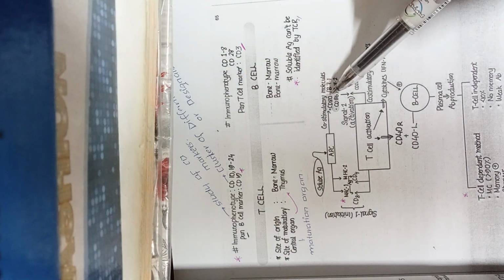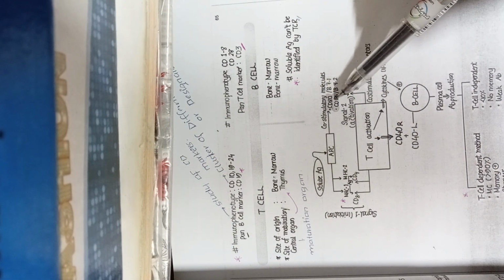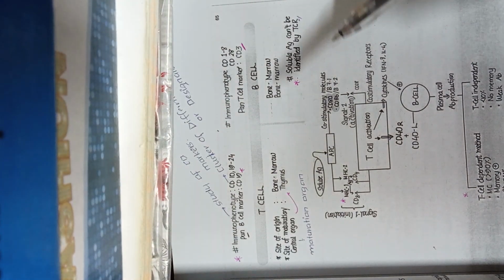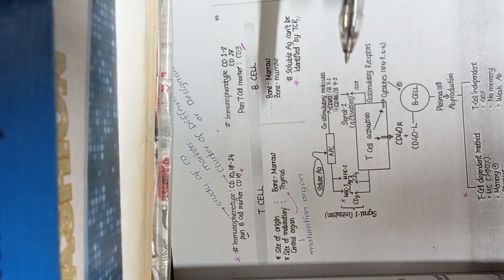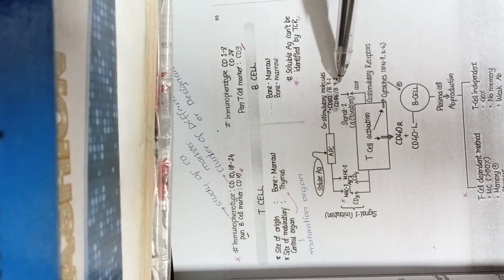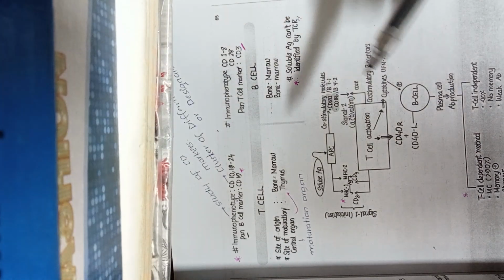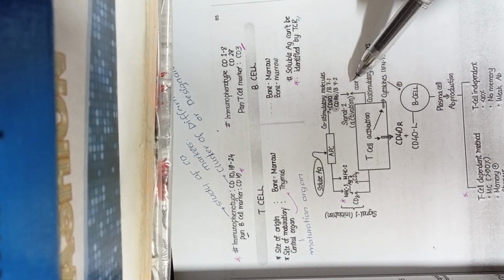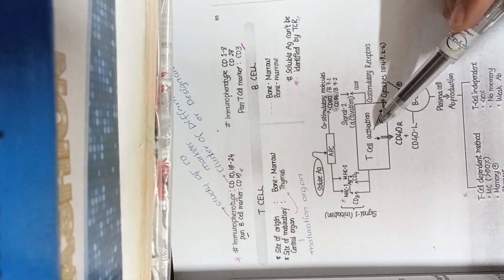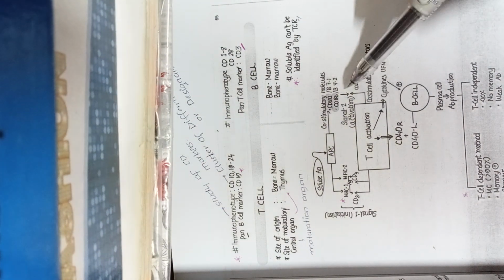One is called CD80, one is called CD86. CD80 is also called B7.1 and CD86 B7.2. Now, when this CD80 or CD86 combines with another molecule of T cell called CD28, the T cell will activate, and this signal is called activation signal.